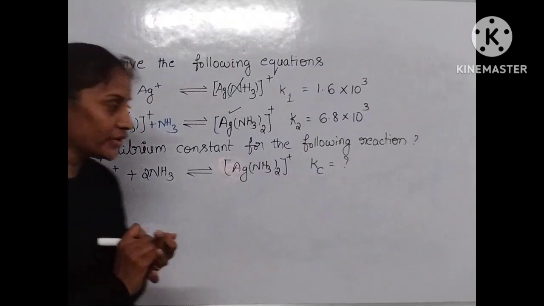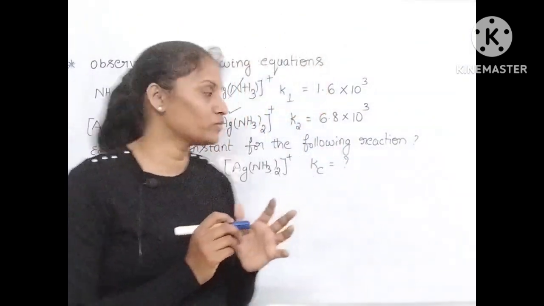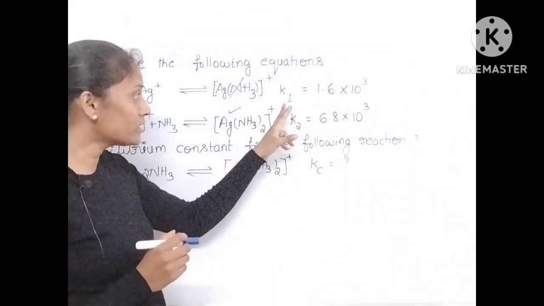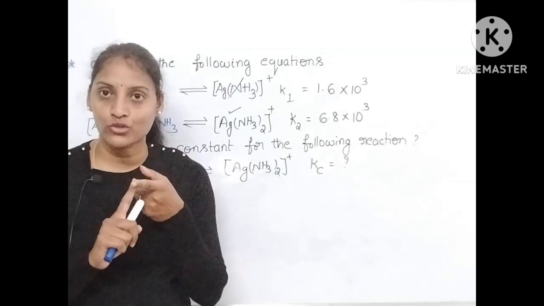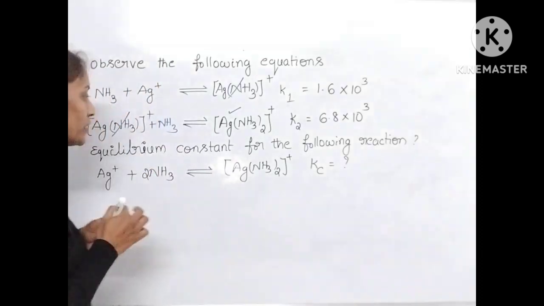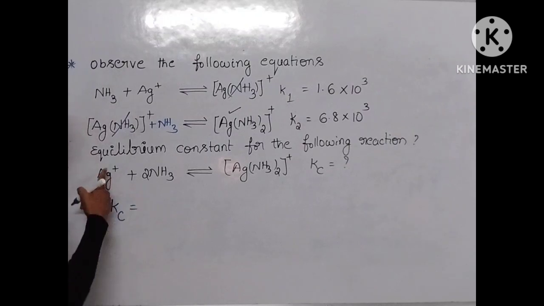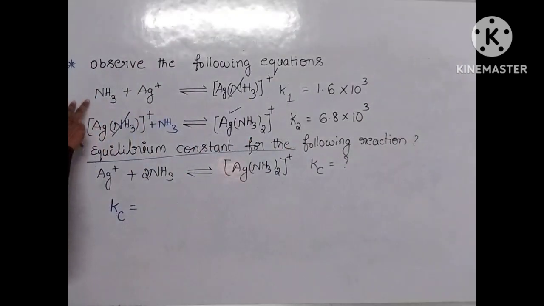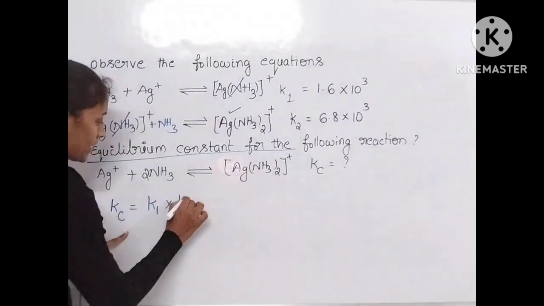Here if we add two chemical reactions in chemical equilibrium, you need to understand that the equilibrium constants for those two reactions are going to be multiplied. So here I am going to do that. Kc equal to, this is the resultant equation, just remember, by adding these two reactions. So then Kc equal to K1 into K2.